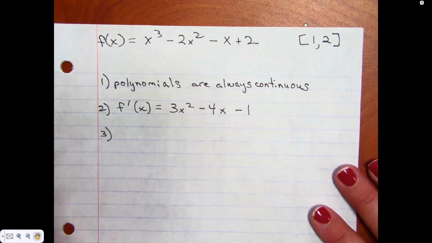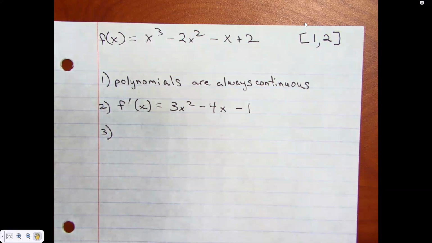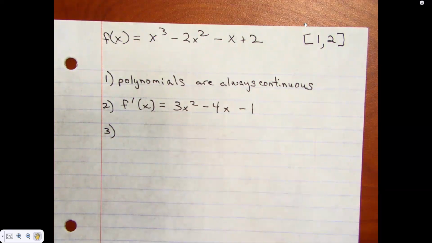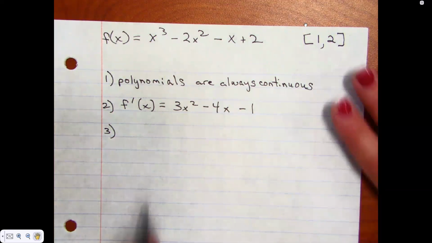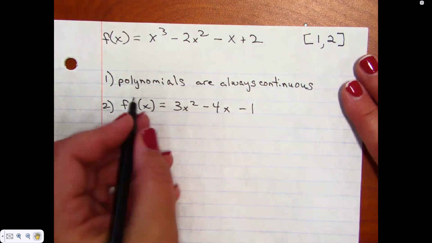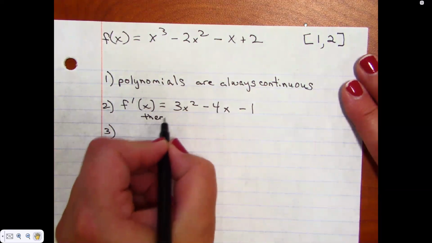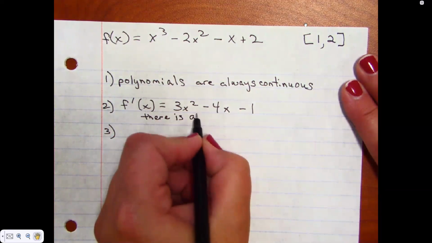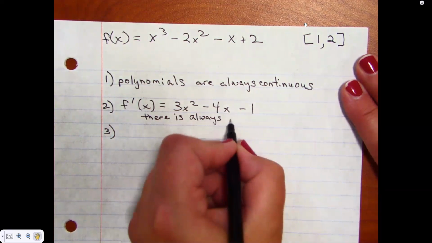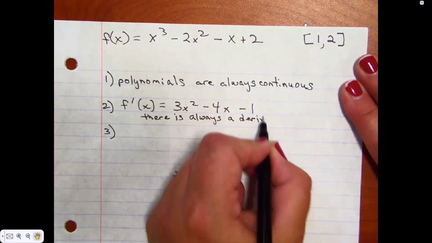All right, what is 3? Now, are we okay? Do we understand that we're just going through this? Oh, let's state something, right? The derivative is a polynomial, right? You can always find a derivative. Maybe that would be a better way to say it.